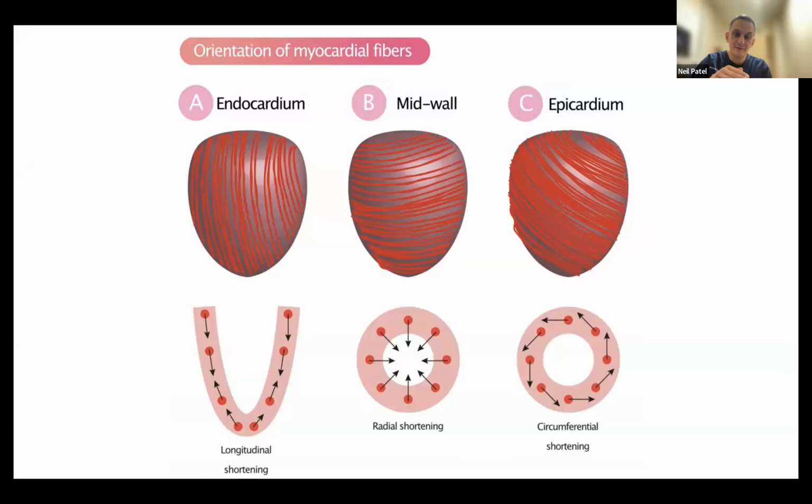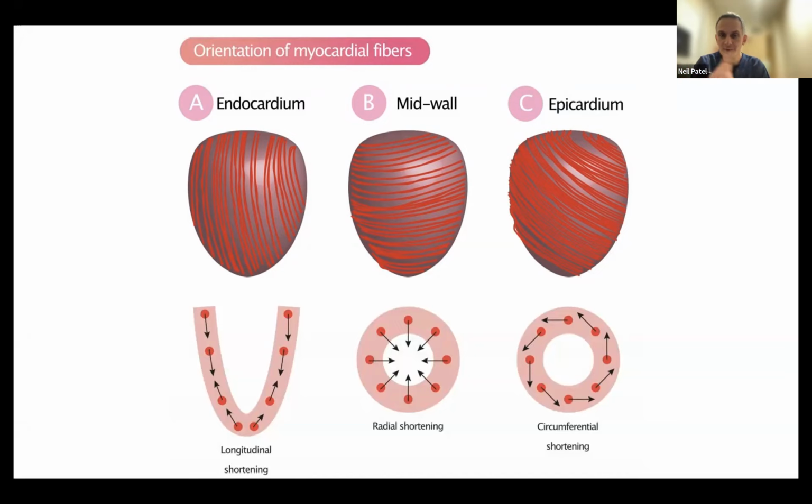And in the right ventricle, as we know, longitudinal function is a really important component of right ventricular function, more so than in the left. And that's possibly why things like TAPSE and longitudinal tissue Doppler measures, and arguably longitudinal strain, are probably the most useful techniques to assess function in the right ventricle.